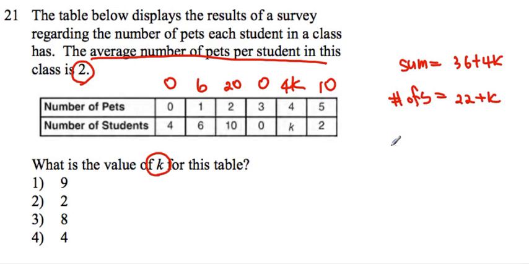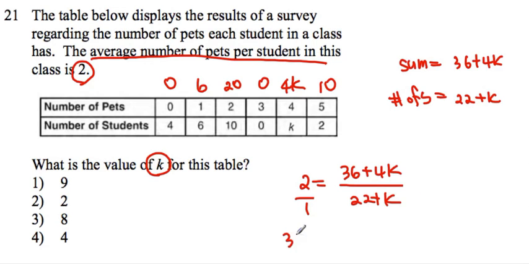So in fact, what we end up getting is this. Our average being 2, 2 must be equal to 36 plus 4k over 22 plus k. When you cross multiply, we get 36 plus 4k is equal to 44 plus 2k.